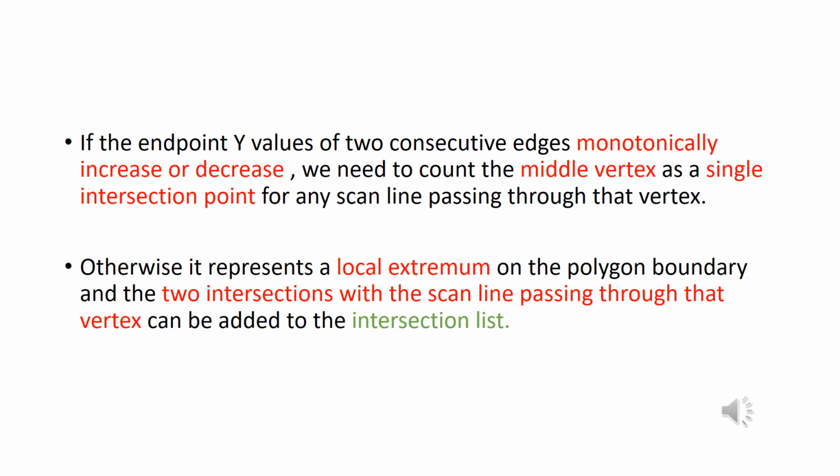Otherwise, it represents a local extremum on the polygon boundary, and the two intersections with the scanline passing through that vertex can be added to the intersection list. That means that particular intersection point is being considered to be a double intersection point.